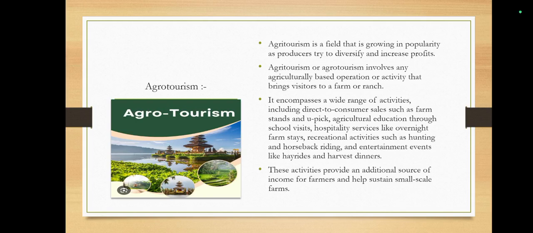It encompasses a wide range of activities including direct to customer sales such as farm stands and you-pick, agricultural education through school visits, hospitality services like overnight farm stays, recreational activities such as hunting and horseback riding, and entertainment events like hayrides and harvest dinners. These activities provide an additional source of income for farmers and help sustain small scale farms.